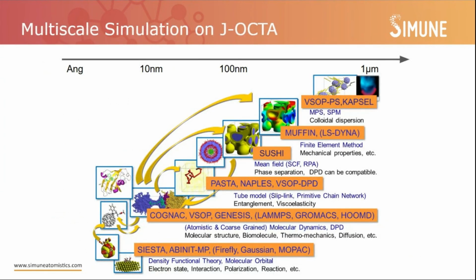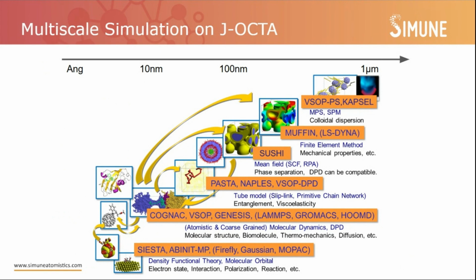And I'm going back to the concept of multi-scale because I think it's very important and fundamental. Here you see on top the range of scales at which J-OCTA can simulate. At the bottom left, you have the small scale, so we are talking about nanometer scales, with modelers and engines such as Siesta and Gaussian that use density functional theory and molecular orbital method to get electronic properties.